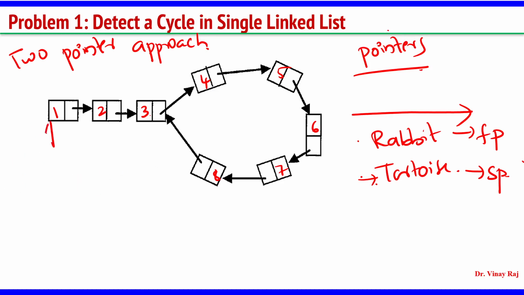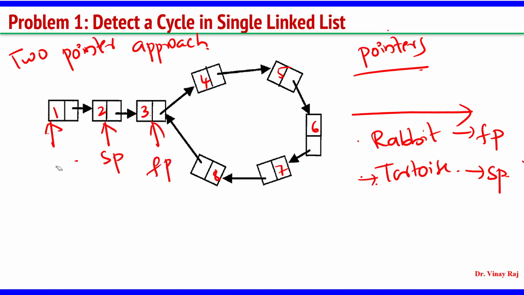Initially both pointers will be here: FP and SP, fast pointer and slow pointer. In every iteration, the fast pointer will move 2 steps, whereas the slow pointer will move 1 step only. So next, here comes my slow pointer and here comes my fast pointer.